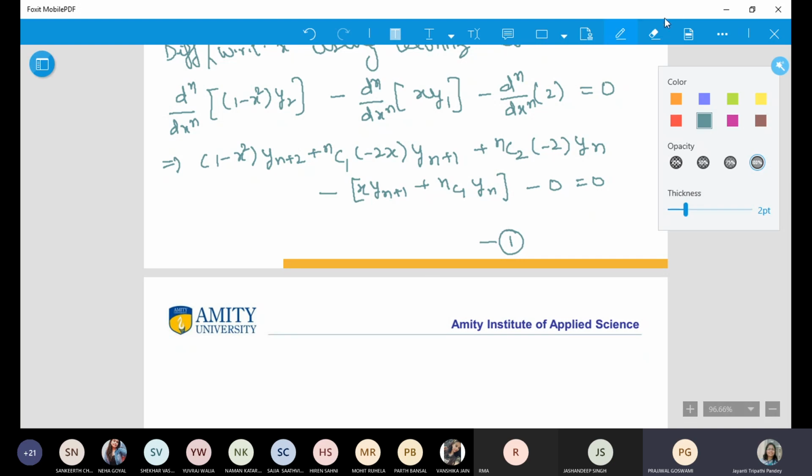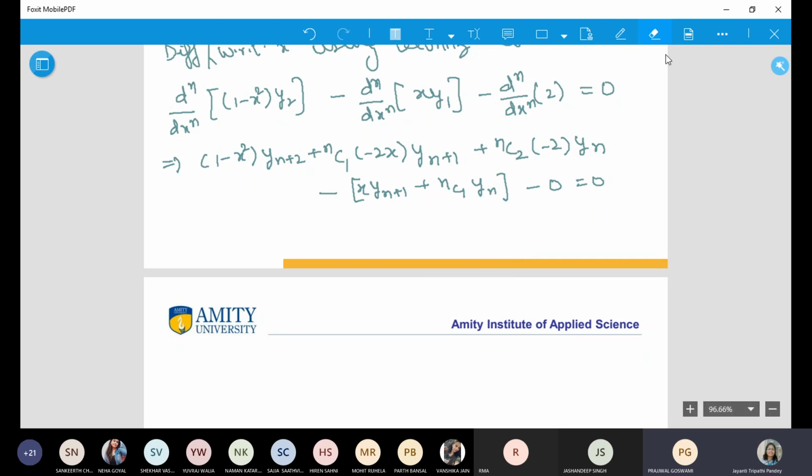We are getting 1 minus x square yn plus 2. Now with yn plus 1, do we have yn plus 1 at 2 place? Yes, we have yn plus 1 at 2 place.